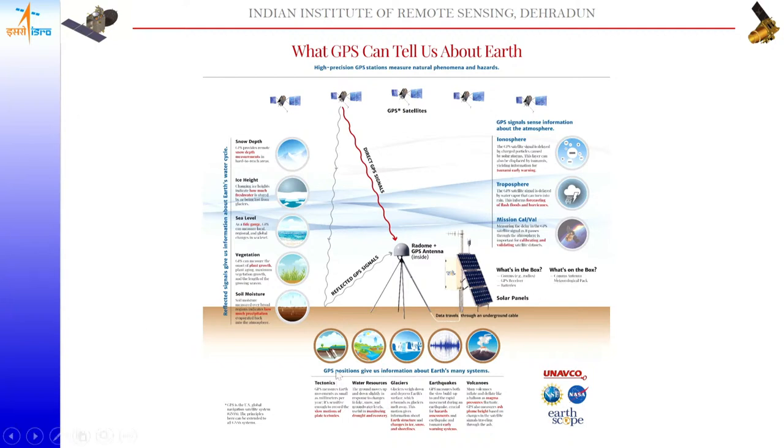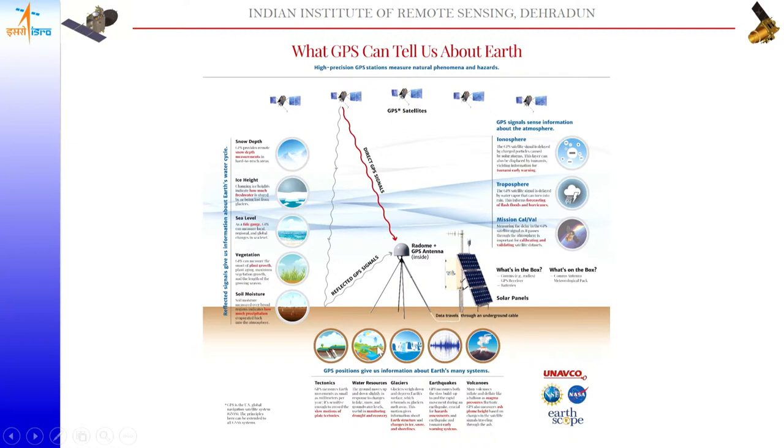Then GPS position gives us information about many Earth systems. As I told you: tectonics, water resources, glaciers, earthquakes, and volcanoes. You can do volcano monitoring, earthquake monitoring, glacier monitoring, and water resources.